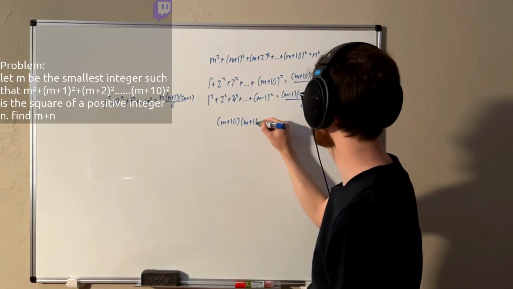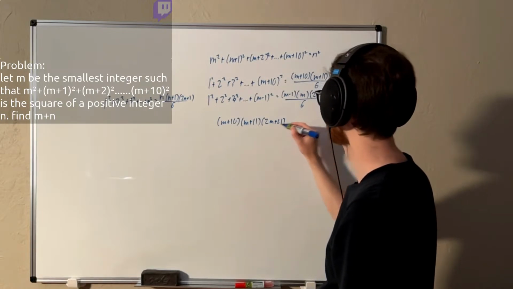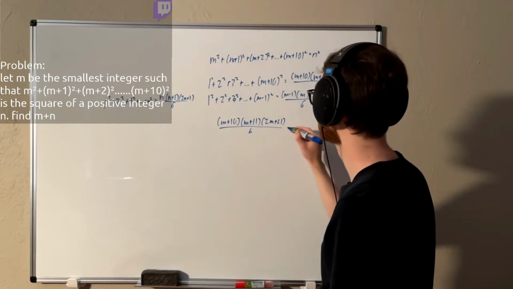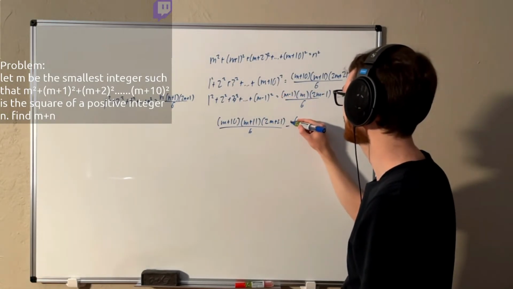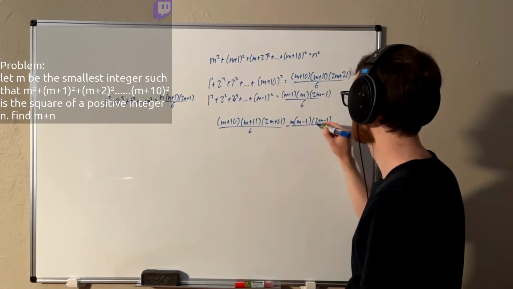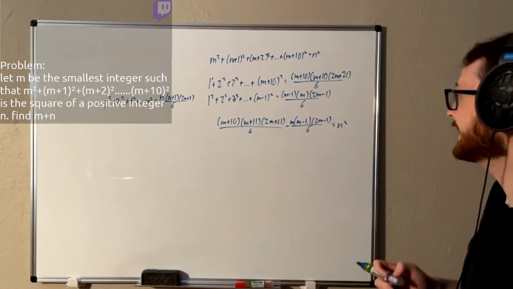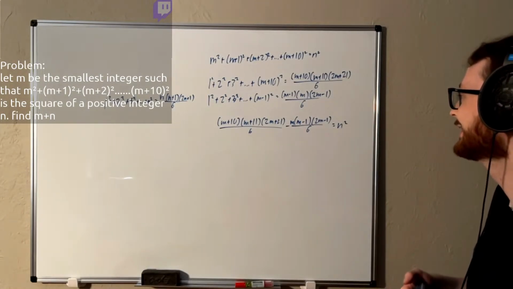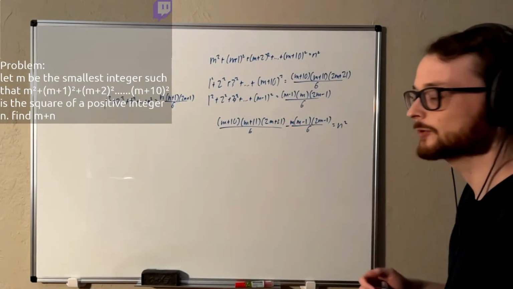And I hope it simplifies in a nice way. Let me bring the m out front. Okay, well, immediately, we can't really simplify this without multiplying everything out, which is kind of terrible.